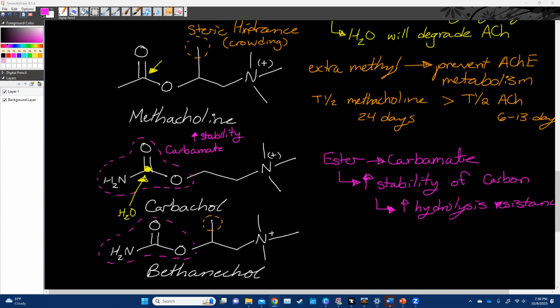So this actually brings us to: yes, you're going to need to be able to identify the drug based on the structure. Luckily, if he gives you the structure of bethanechol, he's not going to give you bethanechol, carbachol, and methacholine as part of the question.